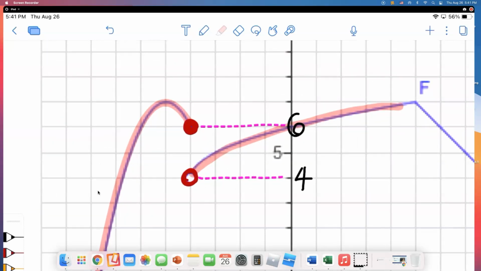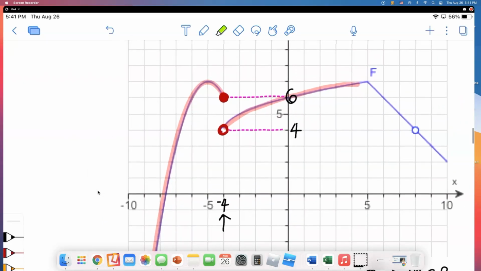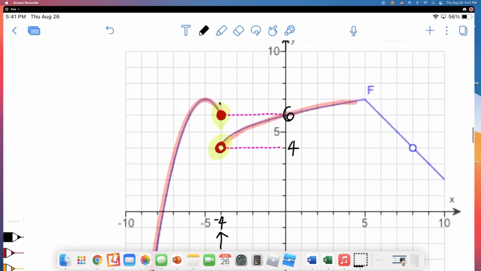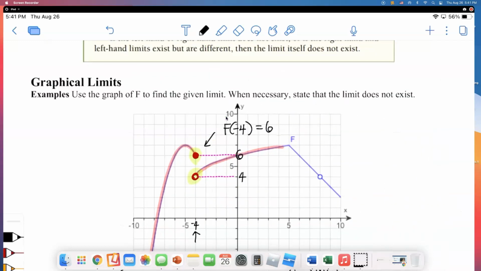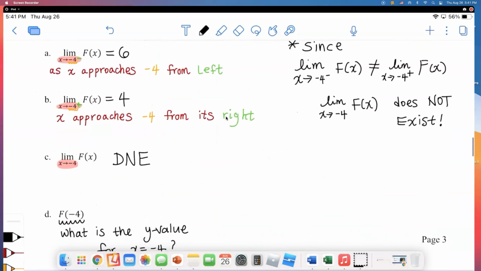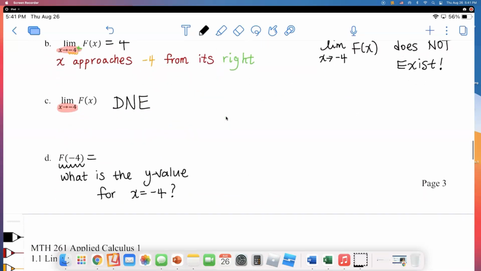We have 2 points at x equals -4: a closed circle and an open circle. Which one should you go with? You have to go with the closed circle for the function value. So we can say that f of -4 is equal to 6 because that's a closed circle.